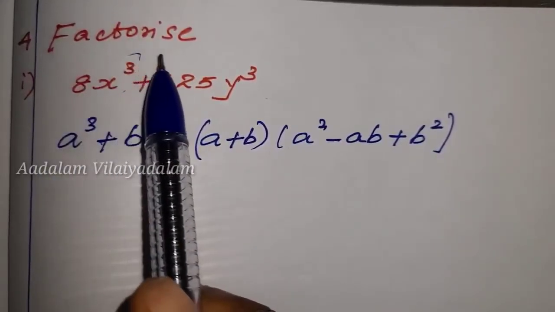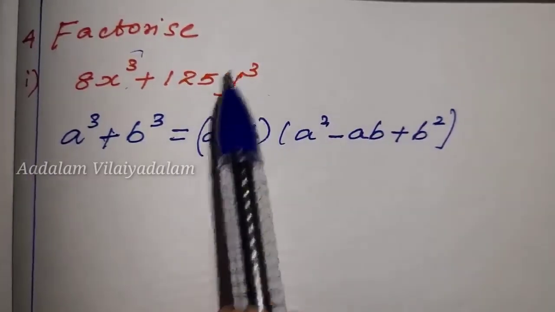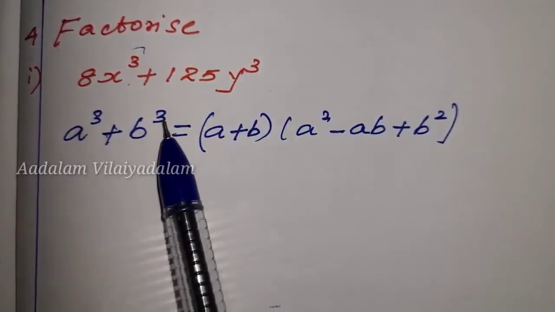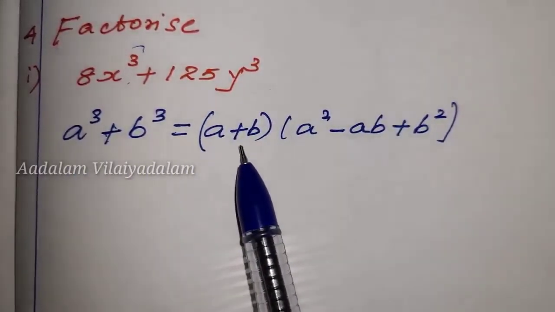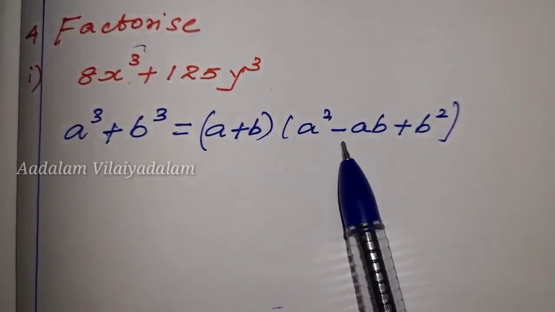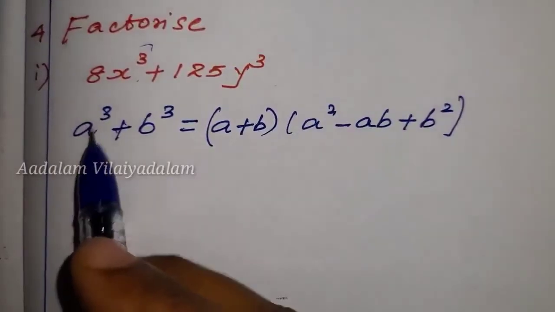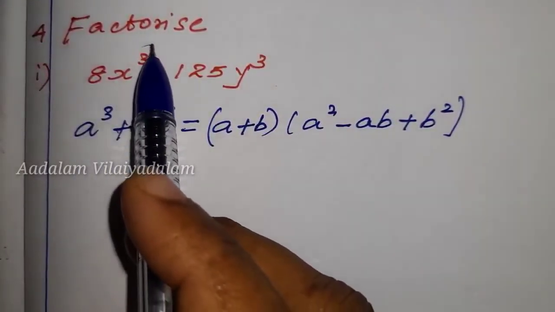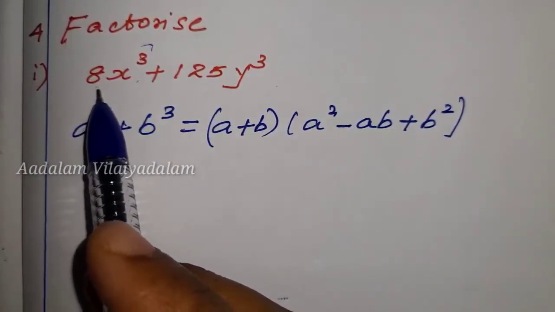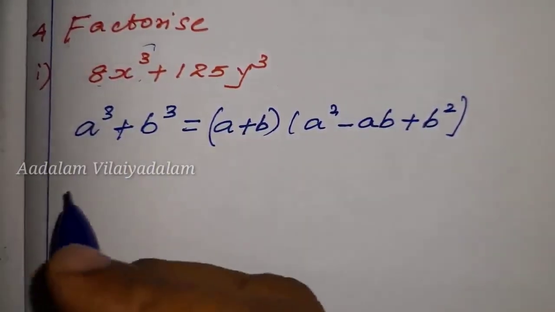Fourth question, factorize 8x cube plus 125y cube. This is the format of a cube plus b cube. The formula is a plus b into a square minus ab plus b square. First, here a cube, only the variable is cubed, so we have to take the constant also. 8 can be written as 2 into 2 into 2, so we write 2 three times.